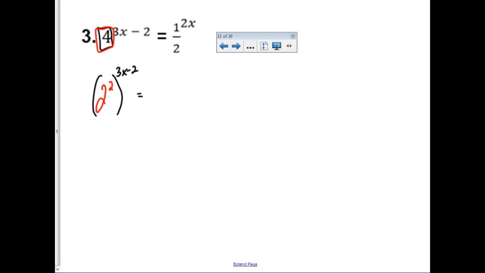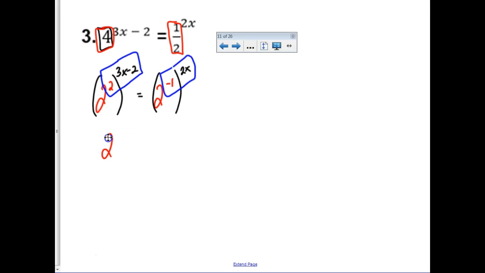Equals... So how are you going to change a 1/2 if we need to make it a base 2? That'd be 2 to the negative first power, but already has an exponent of 2x. So you're going to carefully combine your exponents here, remembering that you're multiplying them together through the exponent properties. What is that? 6x minus 4 equals 2 to the negative 2x.